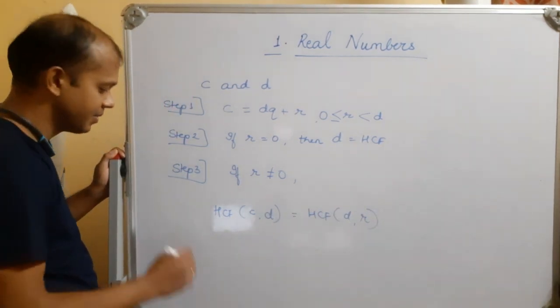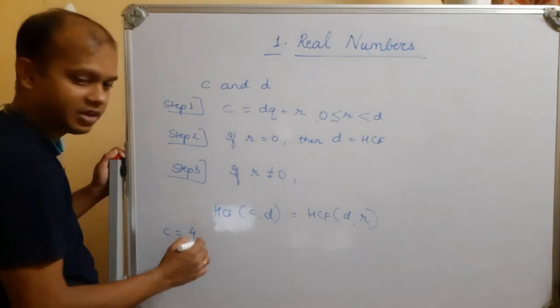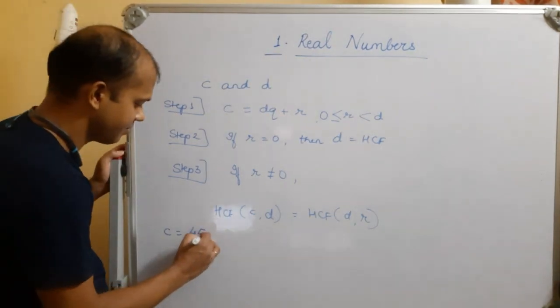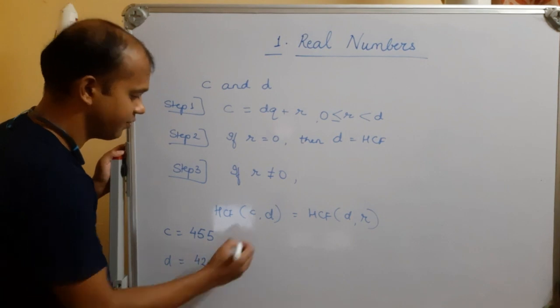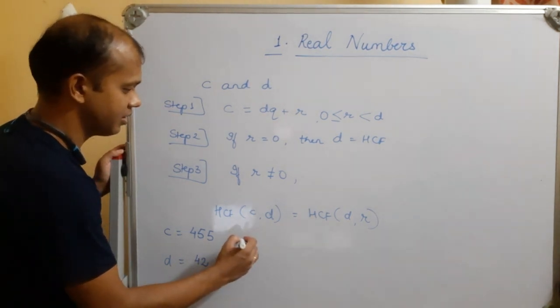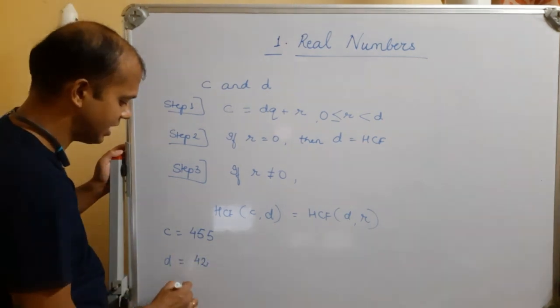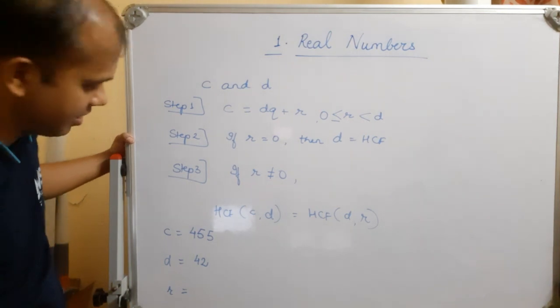Let us verify this. In our example, C was 455 and D was 42, for which we got the remainder in the second last step as 7.